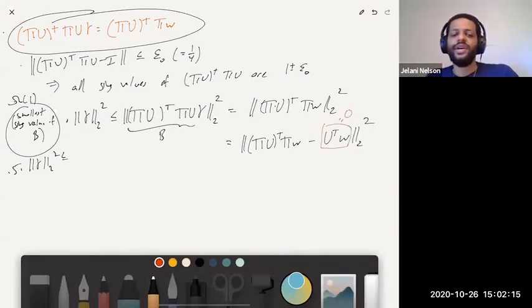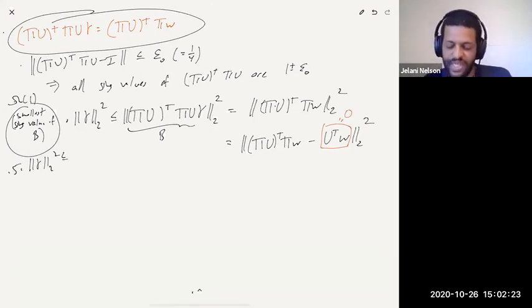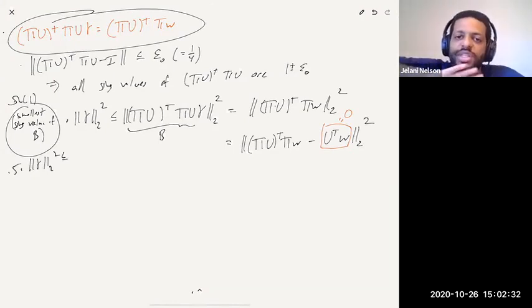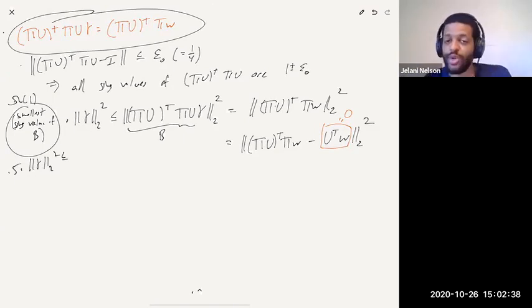Remember, if you look at the definition of W, it is x beta LS minus y, the part of y in the orthogonal space to the column space of x. So it's orthogonal to the column space of U, so U transpose W is 0.